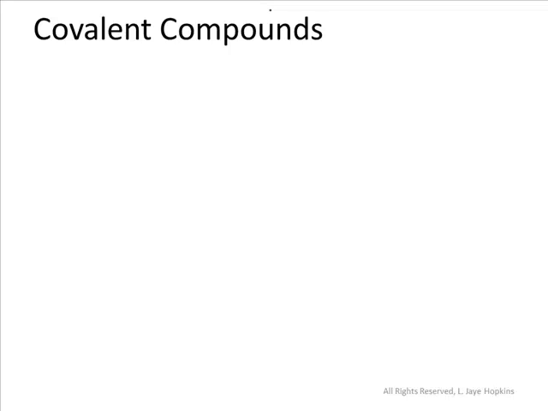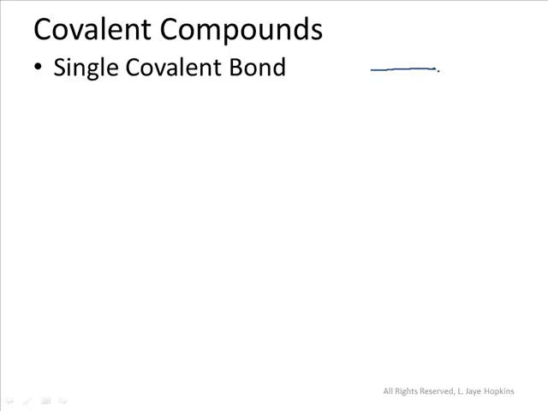The simplest covalent bond is what's called a single covalent bond, more commonly just referred to as a single bond. A single bond, as we saw previously, is represented by drawing a line on a piece of paper. That line connects 2 atoms together, and it represents those 2 atoms sharing exactly 2 electrons.